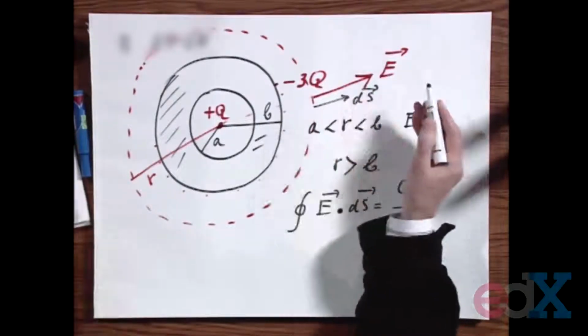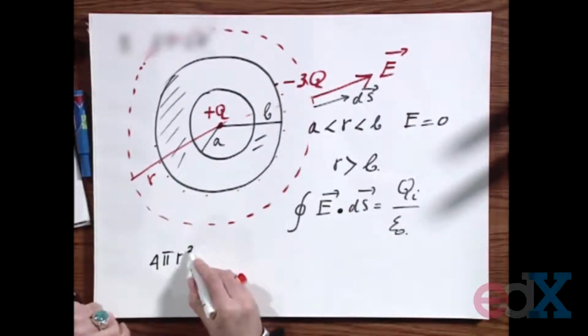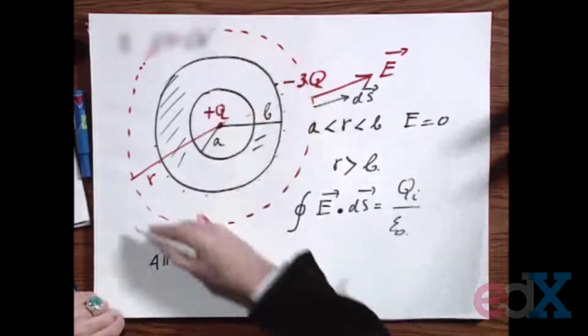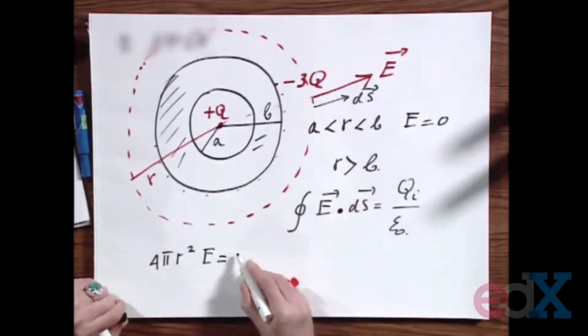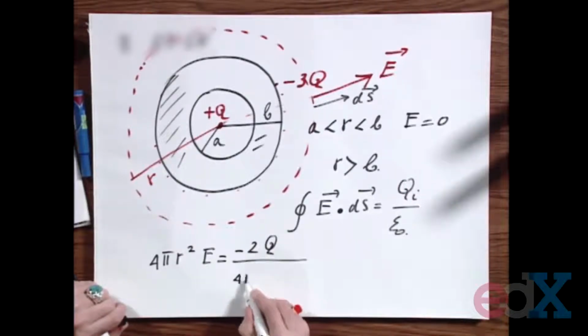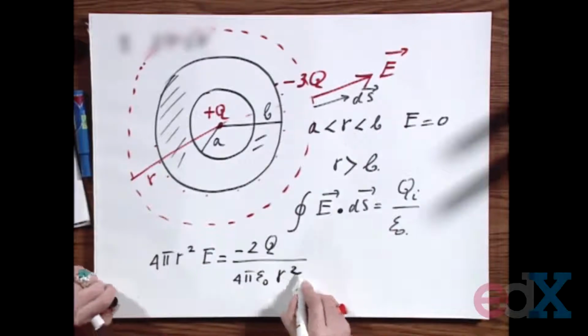If the assumption is wrong, we will quickly find out. So I find 4 pi r squared times E equals the total charge inside. This is minus 3Q plus Q, which is minus 2Q.